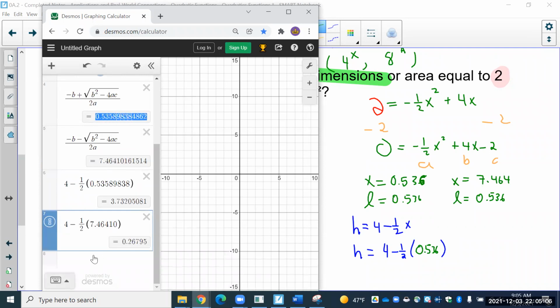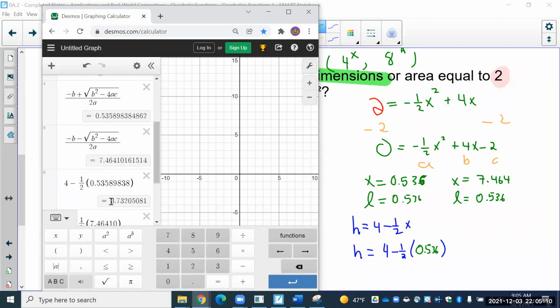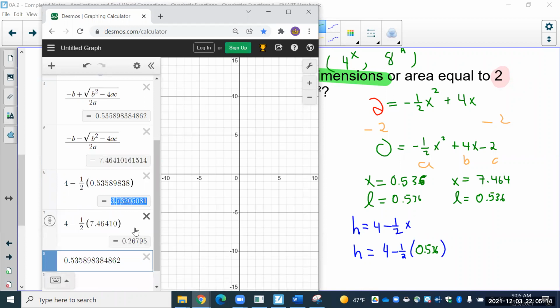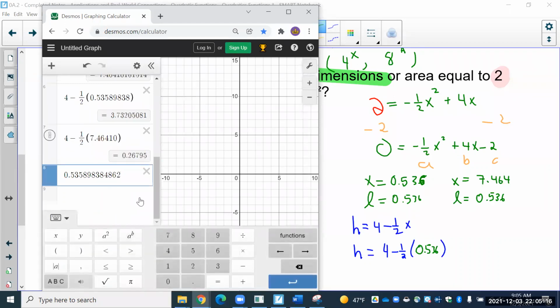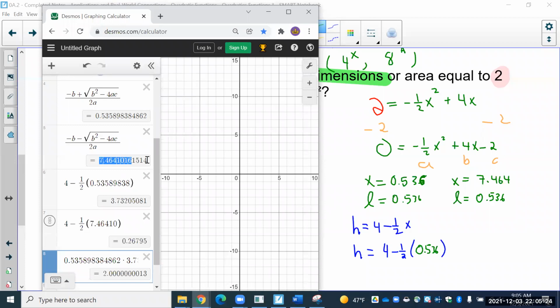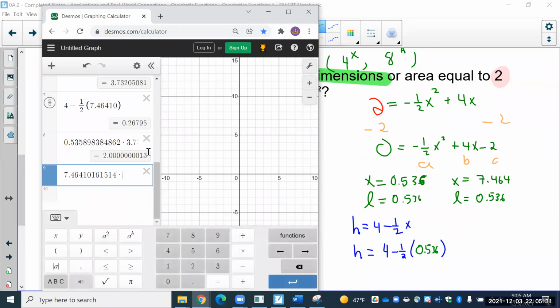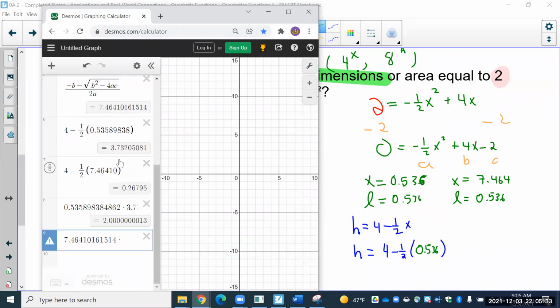So I just want to remind you that if I take this 0.535 and I take this one and I find their product, because remember, area is length times height, it's equal to 2. And if I do the same thing for this one, I will also get the value of 2, because there actually are 2 completely separate different answers.